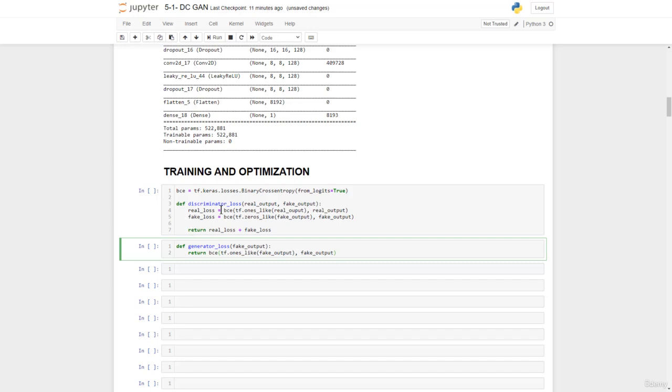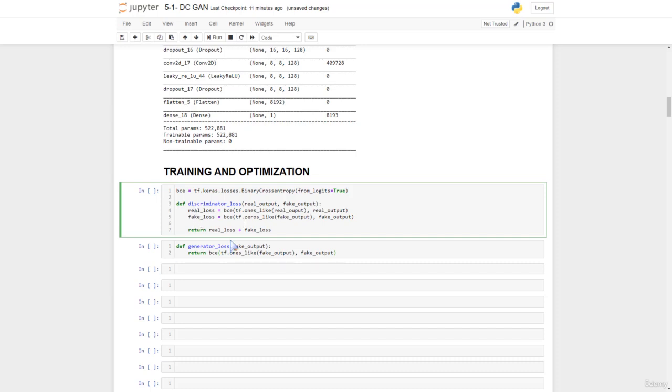And if you notice here, we're having the binary cross entropy of this ones_like. The 1 is simply because we're supposing that if we are dealing with real output, then the output should be 1. So we're comparing the 1 with the real output. And for the fake data, we're supposing that if it's actually generated data, then we should have a 0 in the output. So that's why we compare a 0 with a fake output. And then we add these two up.